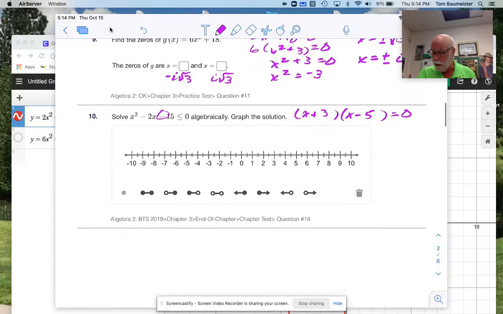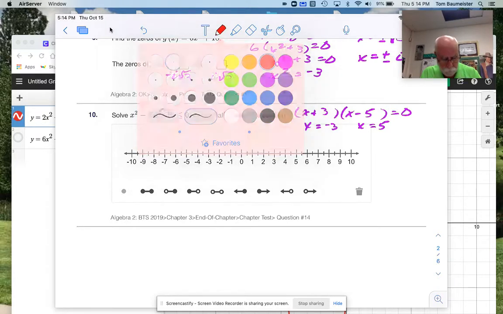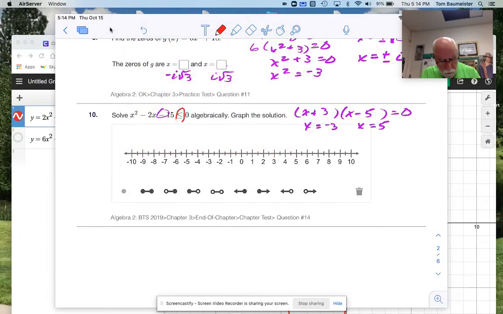So remember, that's telling us that by the zero product property, x is equal to negative 3, and x is equal to 5. Since it's less than or equal to, we know that we have to fill in the circle.